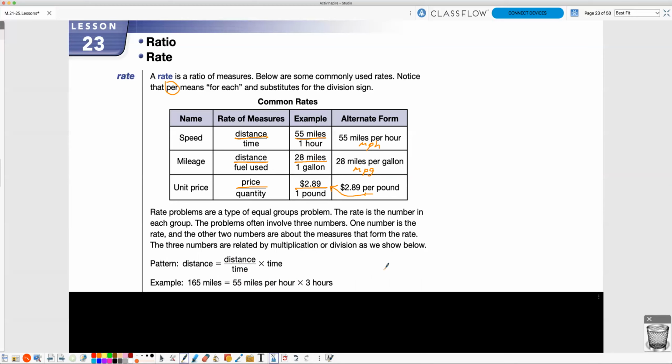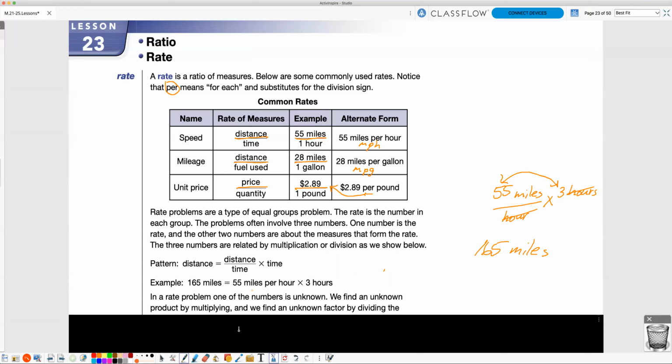So 55 miles would be up in the top, per hour would be on the bottom, and then if you multiply it times 3 hours, this cancels this out, and all you're left with is 55 times 3, which is 165, and then the label is going to be miles.